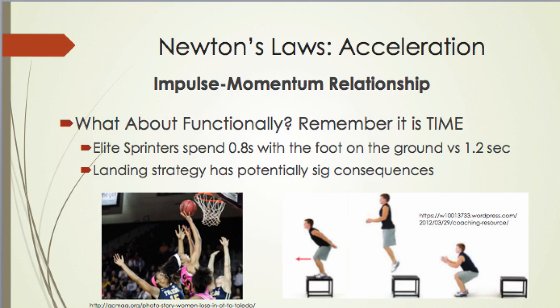On the other hand, this gal over here, if she uses a slow impulse to put the ball back up into the basket, then she risks these players in black defending her and her not scoring, right? So sometimes we want a quick impulse, like going up for a rebound and putting it back in, and sometimes we need a slow impulse. So those are just two examples of the impulse-momentum relationship.